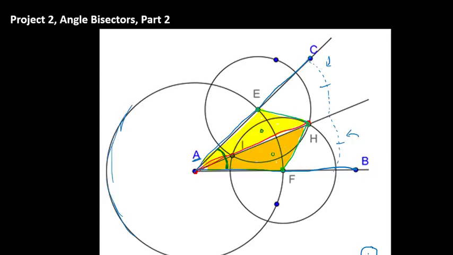Consider your answer options. They give you to show that AE is congruent to AF, these two line segments, to show that EH is congruent to FH, to show that IE is congruent to IF, and to show that angle IEA is congruent to angle IFA.